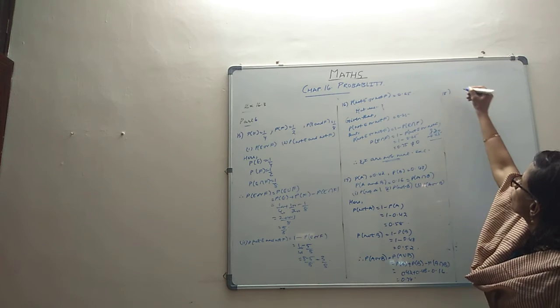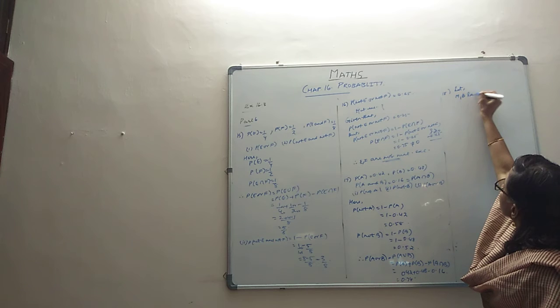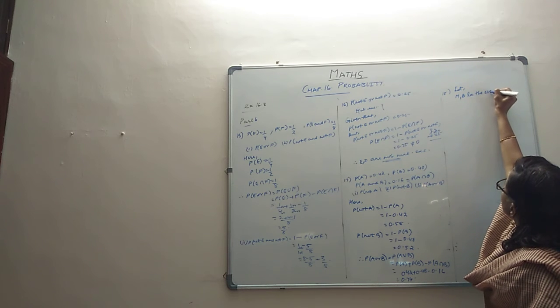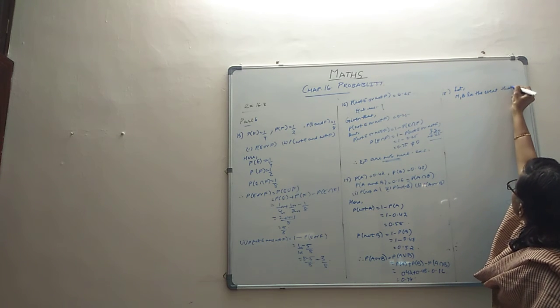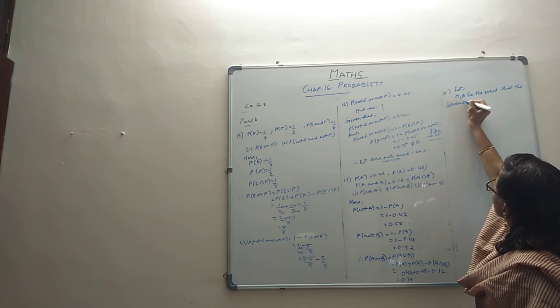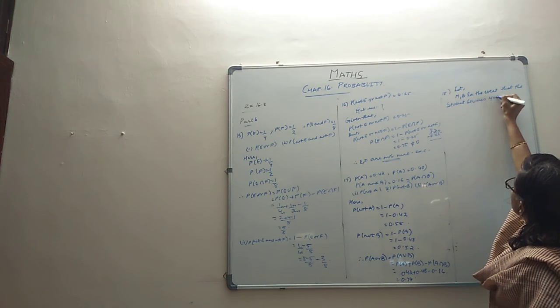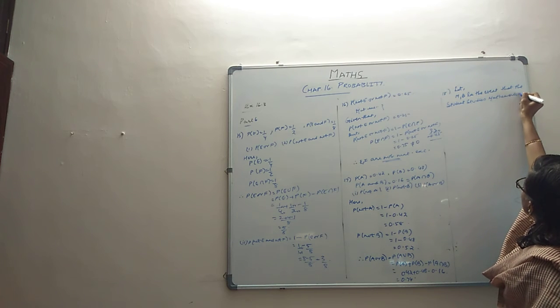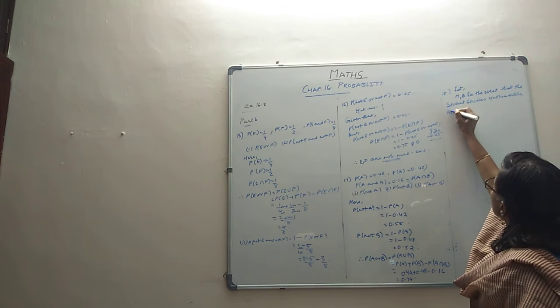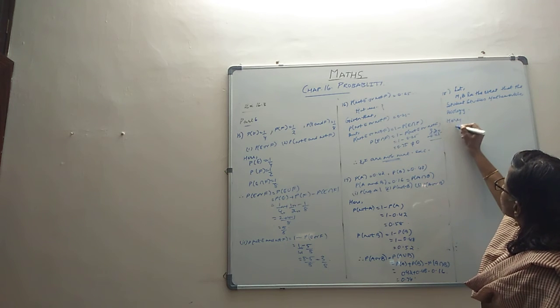So let M and B be the events that the student studies mathematics and biology. So they have given us all the probabilities.